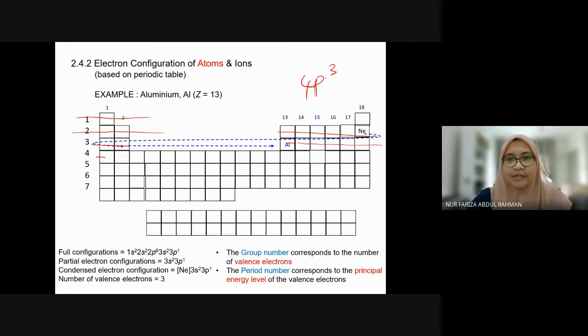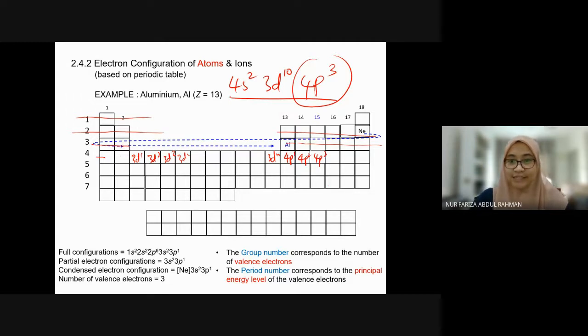This one, 4s2, 3d10. Maksudnya, in order to reach this location 4p3, dia kena lalu d tu. 3d1, 3d2, 3d3, 3d4 until 3d10. Lepas tu baru 4p1, 4p2, 4p3.